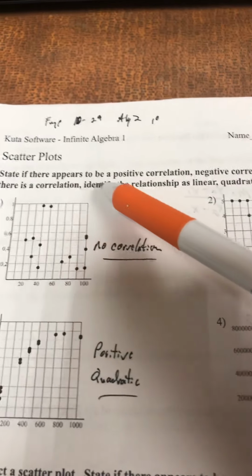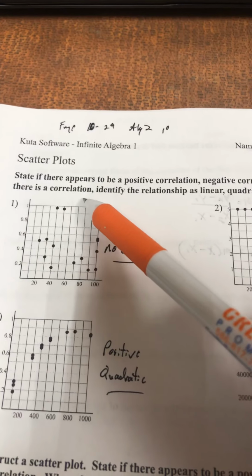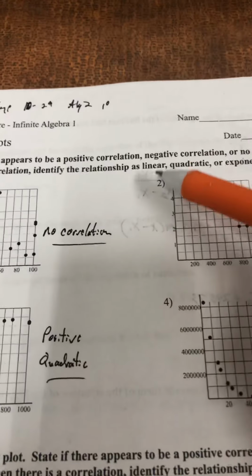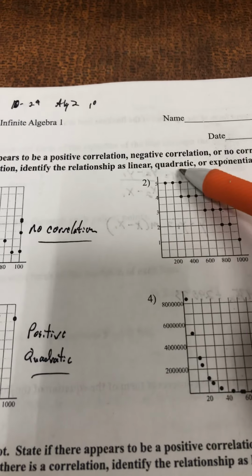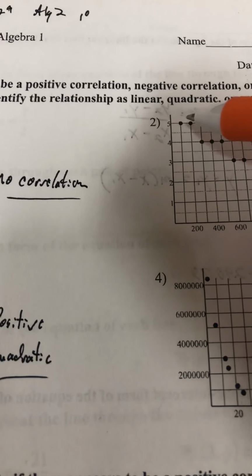It says state if there appears to be a positive correlation, negative correlation, or no correlation. When there is a correlation, identify the relationship as linear, quadratic, or exponential. So remember, linear is going to make a straight line. A quadratic is either going to be like a U shape or an N shaped kind of a curve.